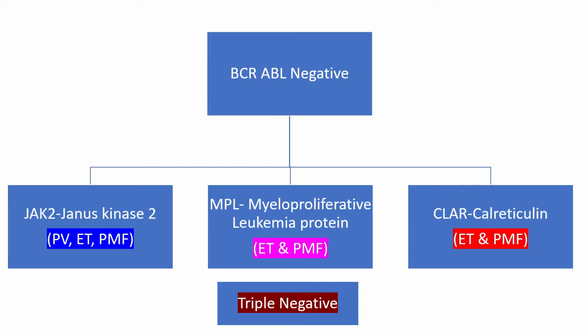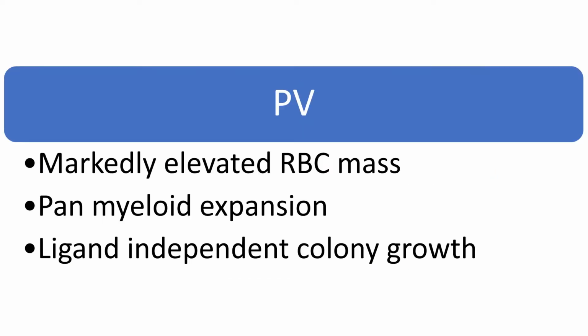There is also what is called triple negative myeloproliferative neoplasm, BCR-ABL negative and also triple negative. Actually, these kinds of myeloproliferative neoplasms will have a poor prognosis.